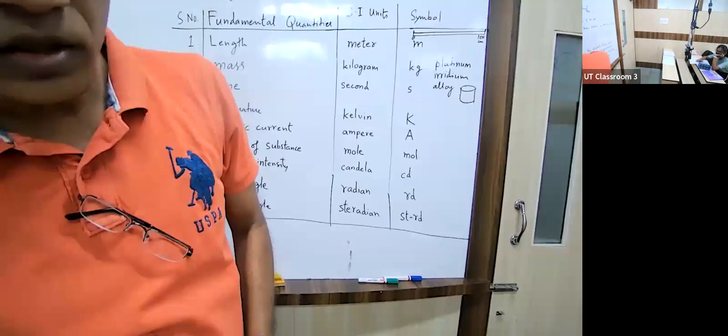Total displacement covered from A to C? Again, 100 meters towards right.